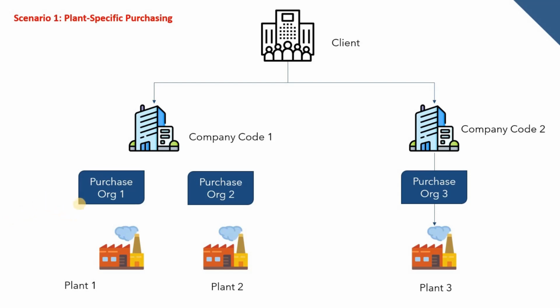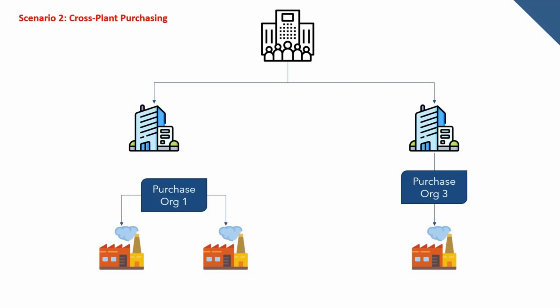Let's go for the next scenario. You have cross plant purchasing. As the name suggests, now the purchase group, or you can say purchase organization, can purchase for plant 1 and plant 2. So here you have the organizational structure. You have two company codes.